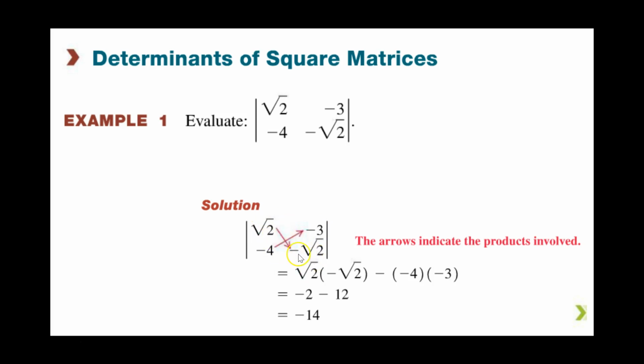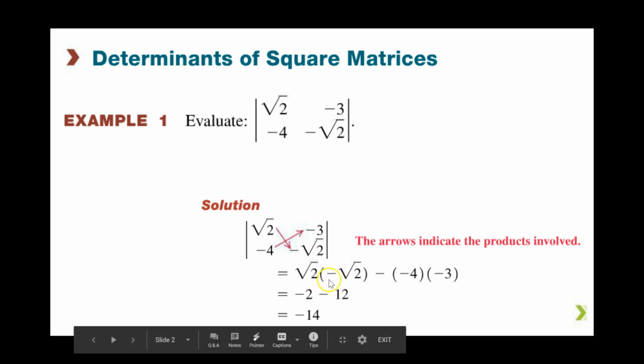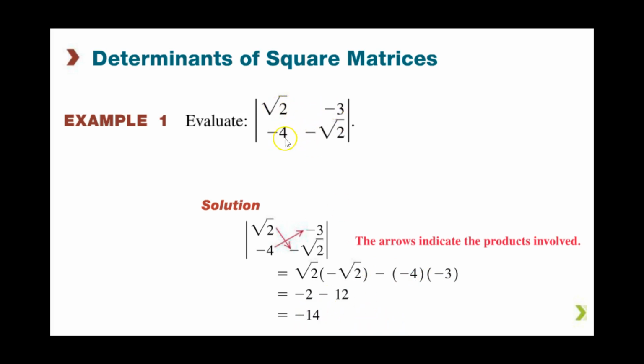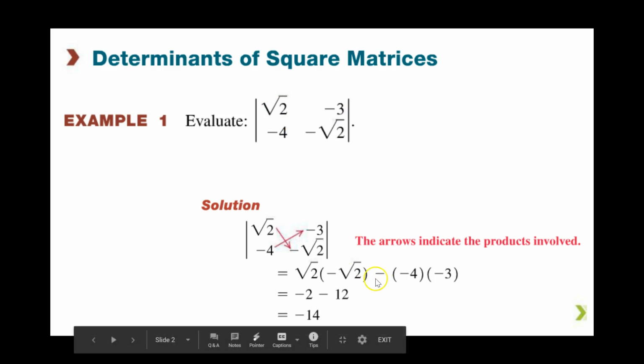So the square root of 2 times the negative square root of 2, which is here, and then negative 4 times negative 3, which is here, and we subtract them. We get negative 2 minus negative 4 times negative 3, which gives us a positive 12, which gives us negative 14. So again, multiply, and subtract the difference between the two, and that provides us with the determinant.